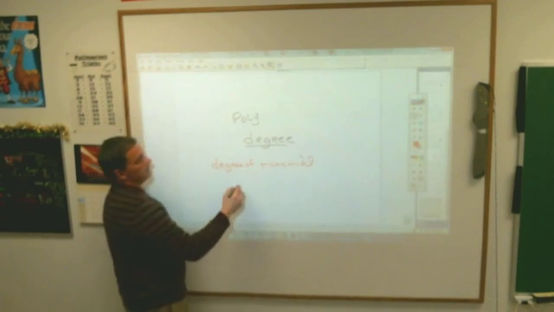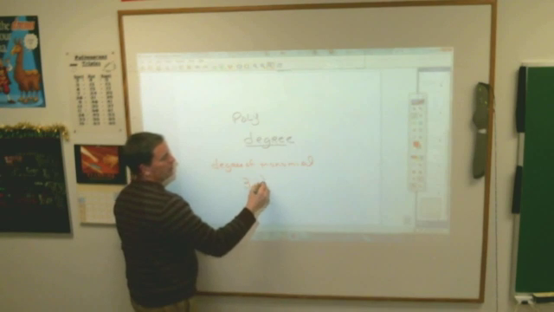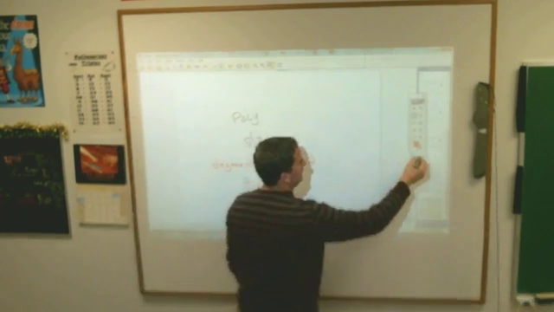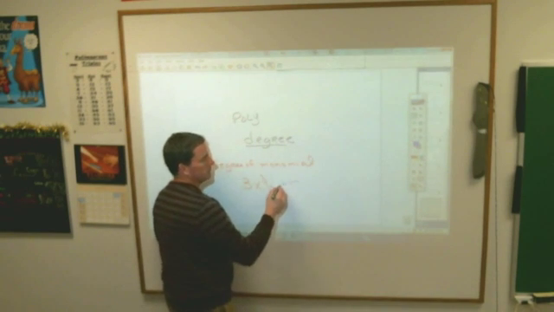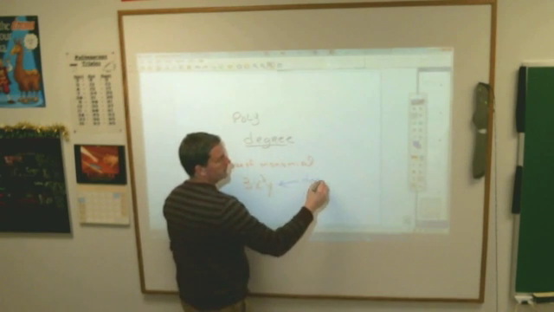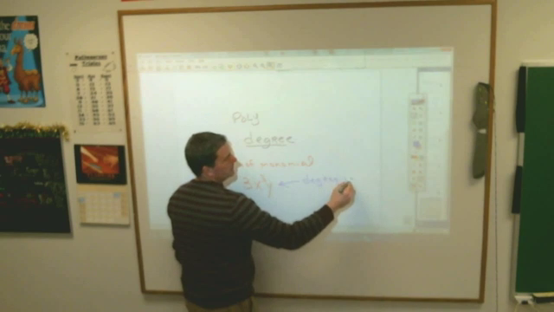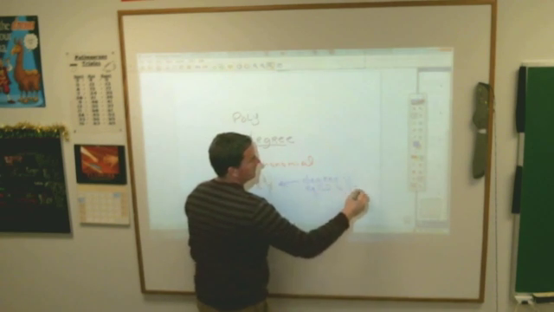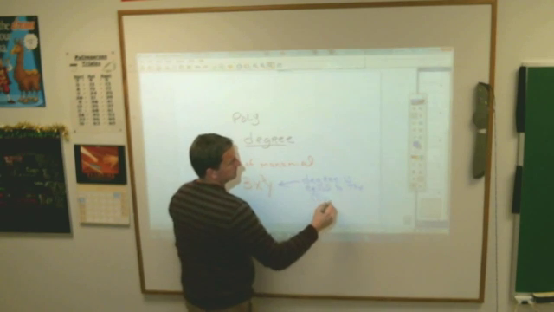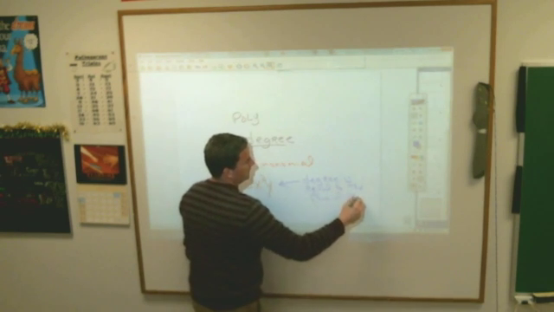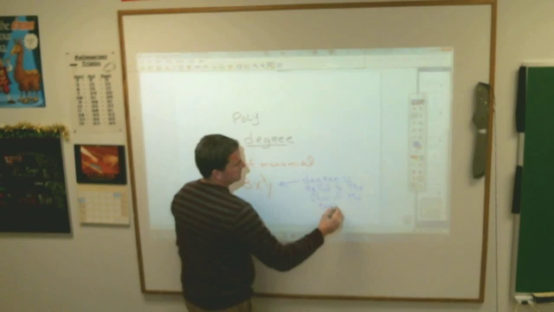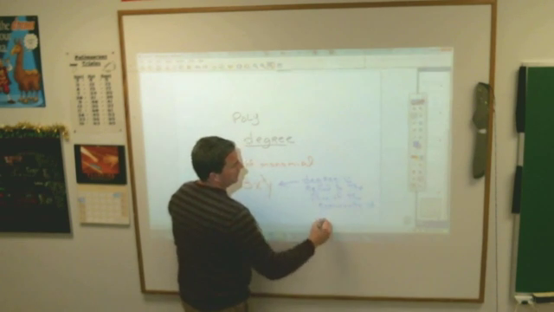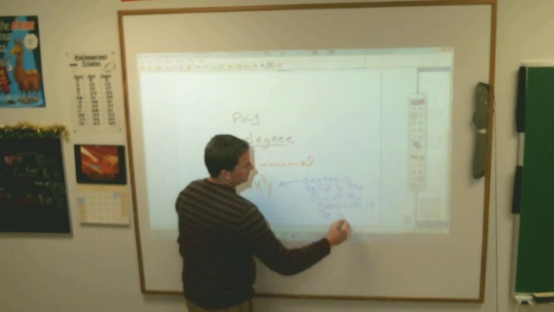If you have something like 3x cubed y, the degree of a monomial is equal to the sum of the exponents, we did this by the way too, of the variables.